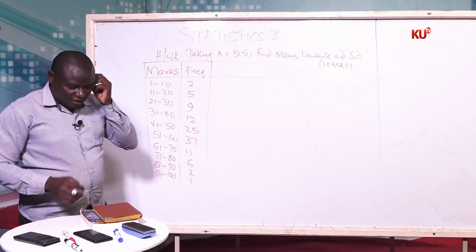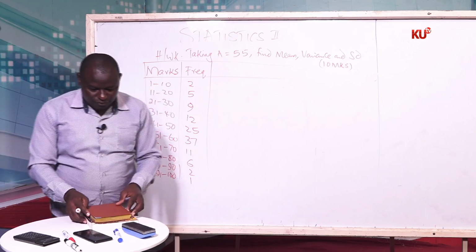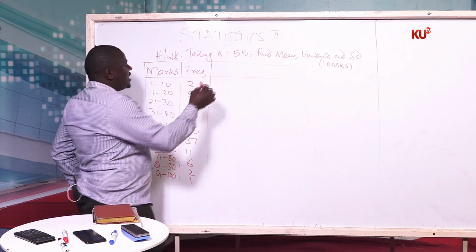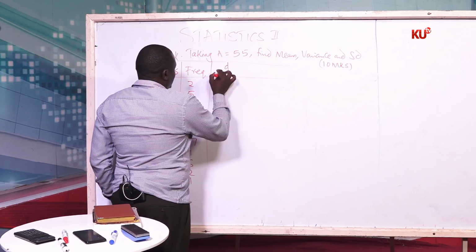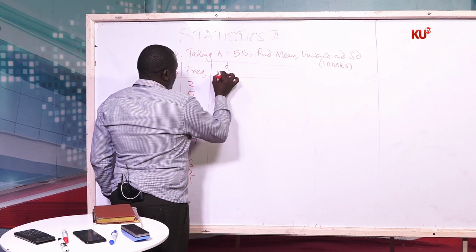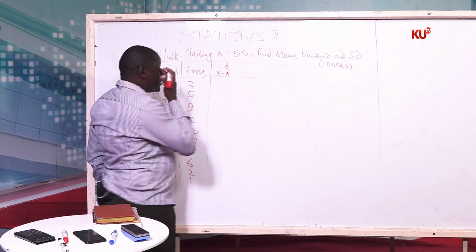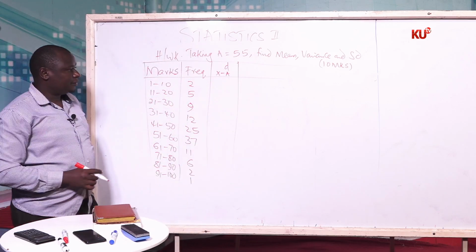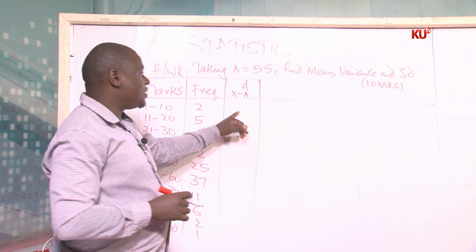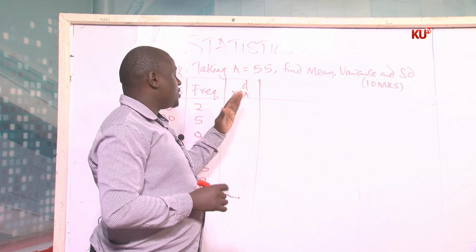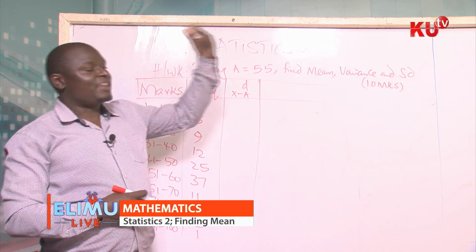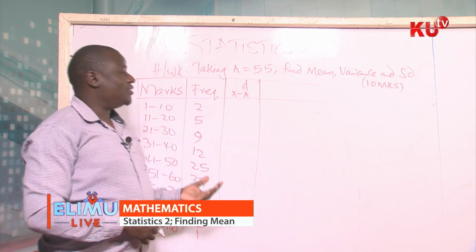Now, I have picked a question from one of you. They're asking, is the column of D a must? D is deviation from assumed mean. This column is very important because if you don't use the column of D, then you are using the other method of looking for mean.